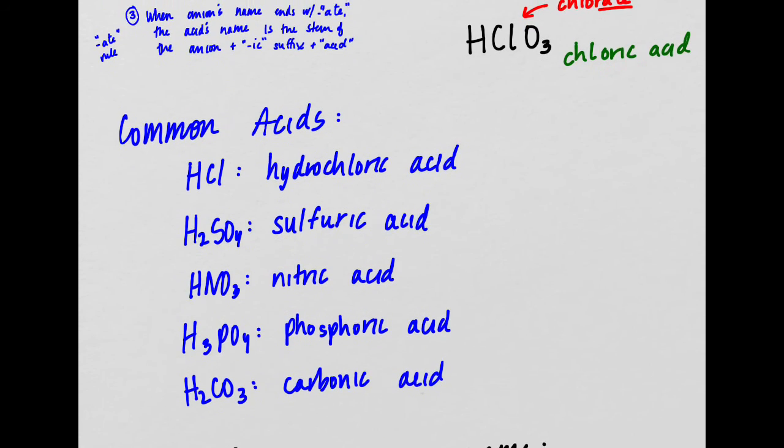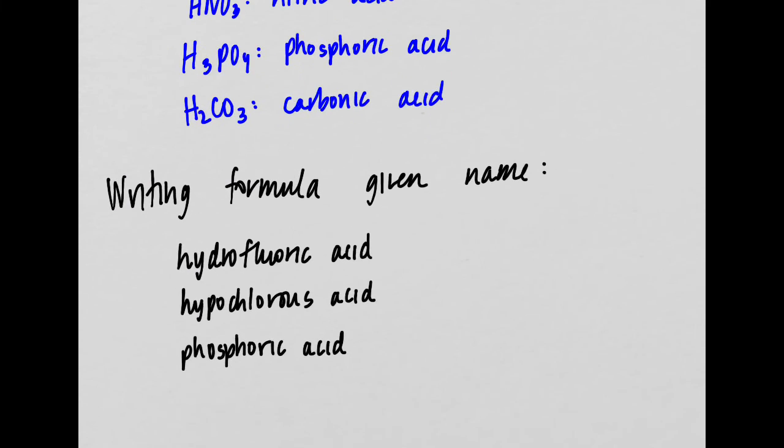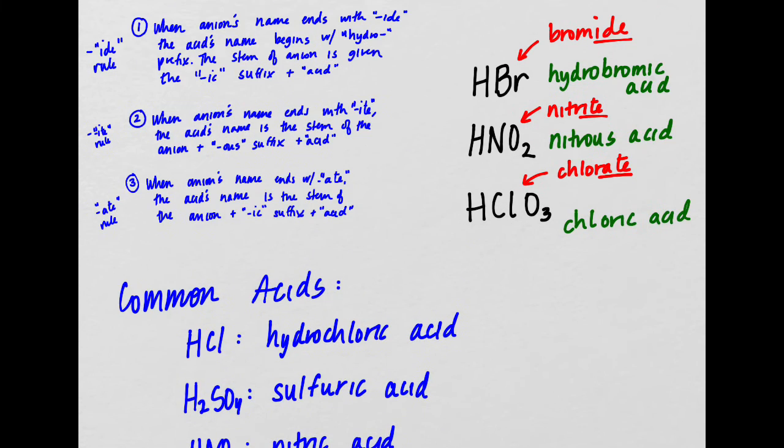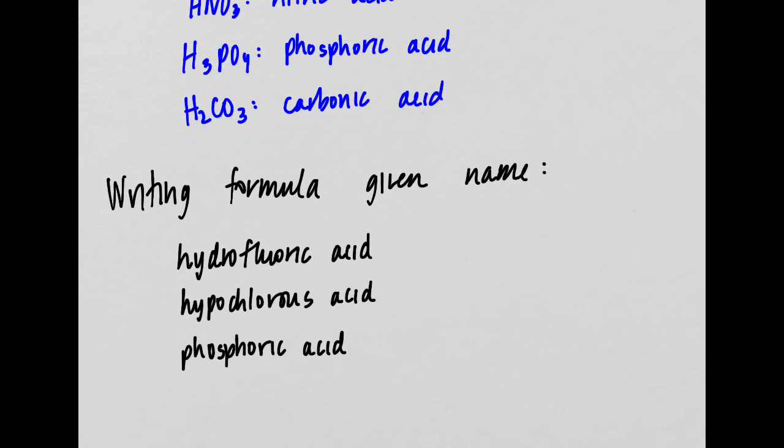All right, so speaking of that, we need to look at how we can write the formula if we're given the name. So here I've given you the name of 3 different acids. I'm not going to give you a list of rules, but we're going to use these 3 rules in reverse in order to write the formula when we're given the name. So let's look at our first example here. We have hydrofluoric acid.